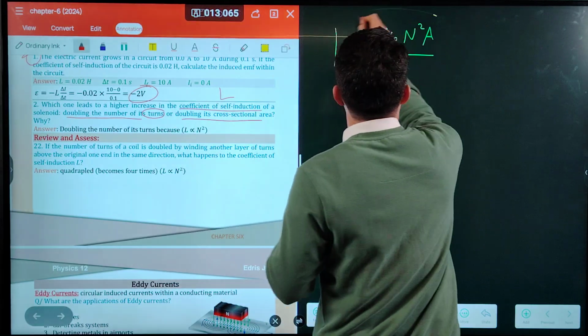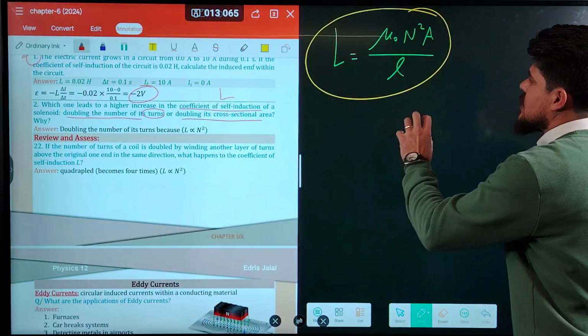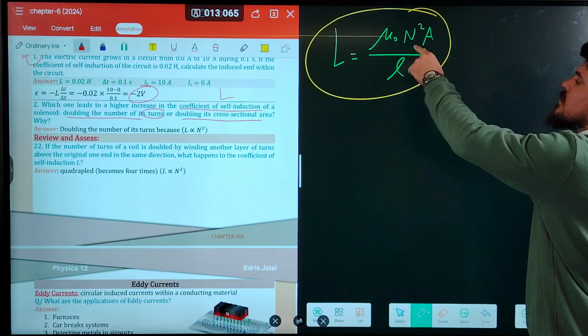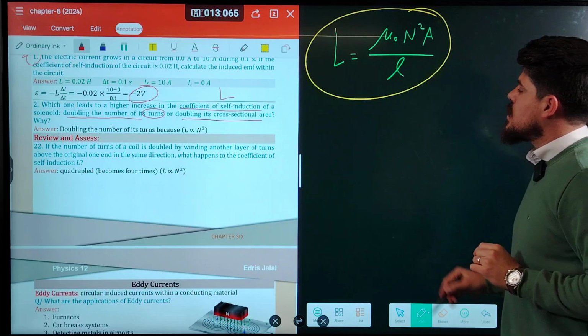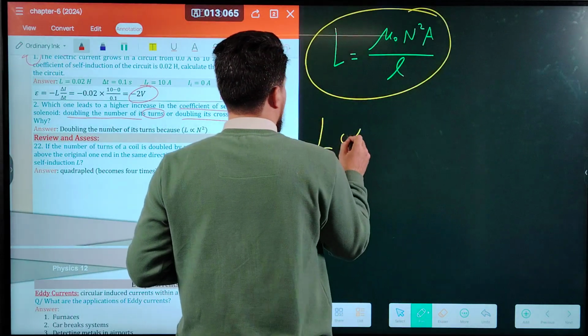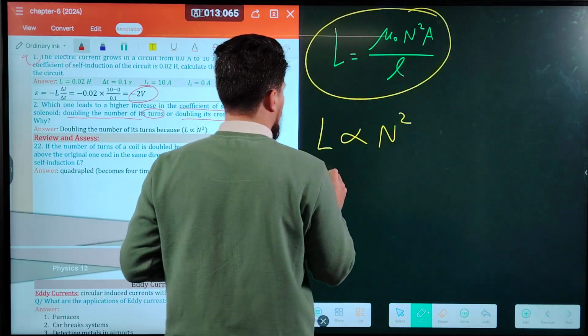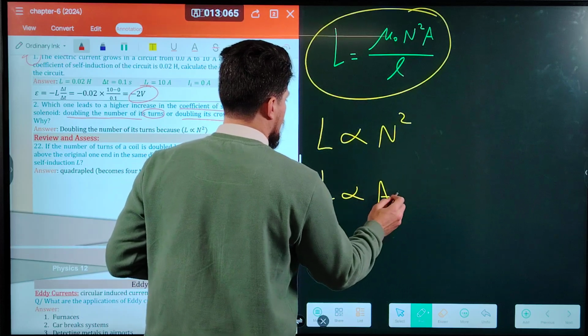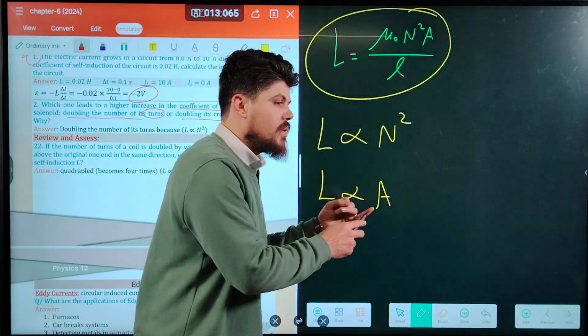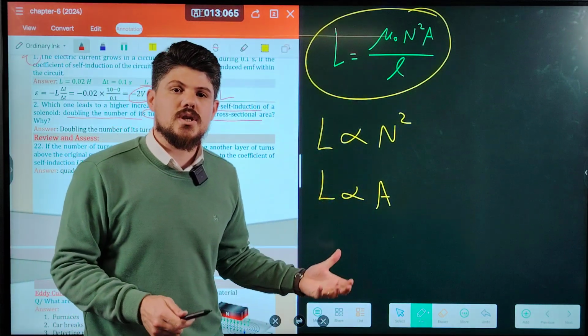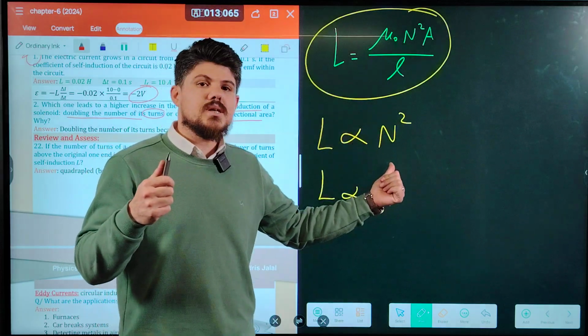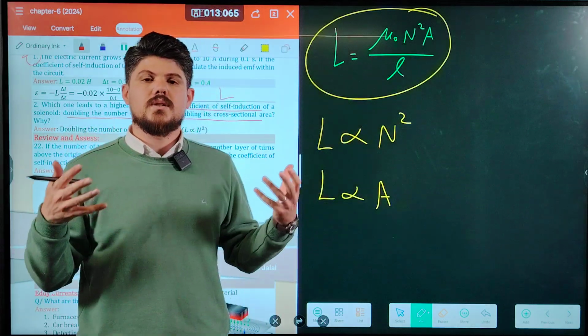You have to look at the equation, and the correct answer here absolutely is doubling the number of turns. Why? Because L is directly proportional to the square of the number of turns. L is still directly proportional to the area. By increasing the area, the coefficient of self-induction increases as well. By increasing the number of turns, the coefficient of self-induction also increases.